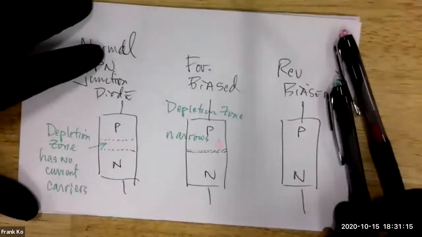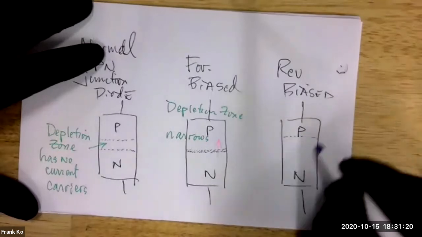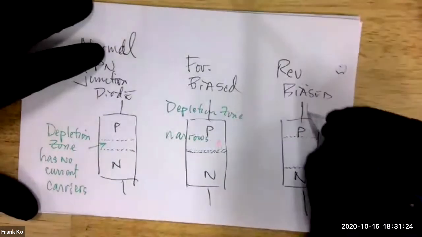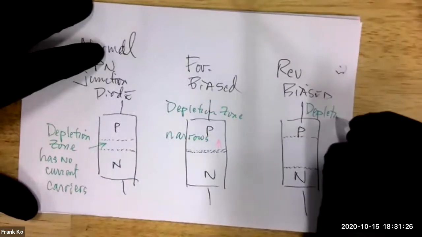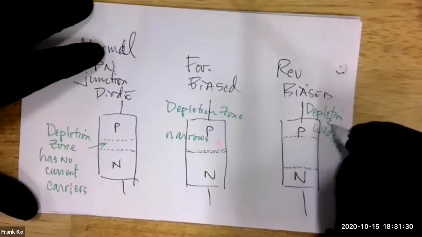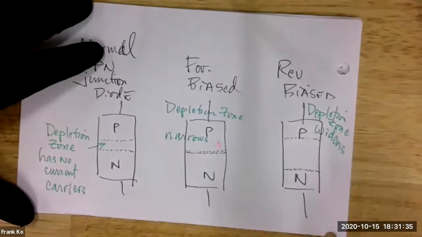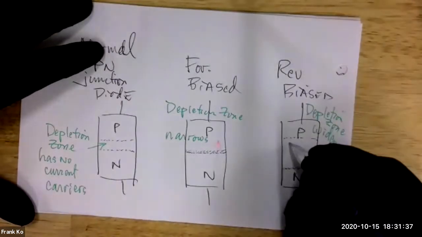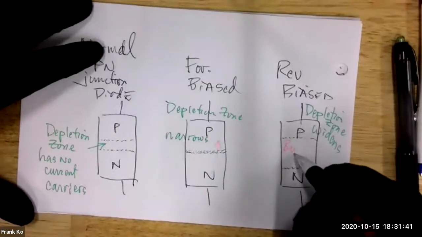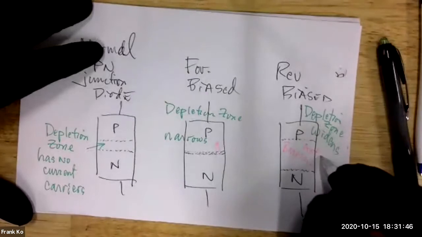Now, when I reverse bias this, watch what happens. The depletion zone widens. Because it widens, physically it acts like a barrier.